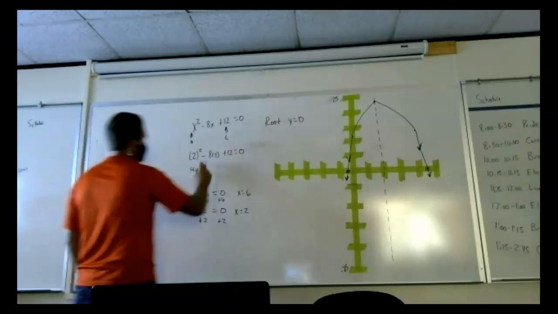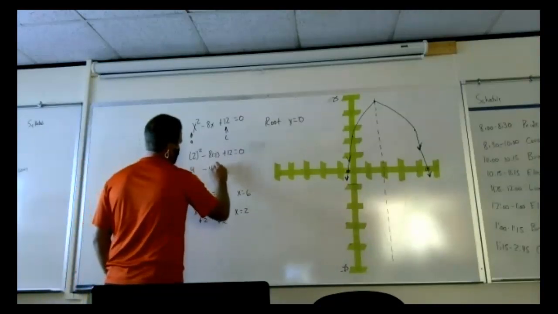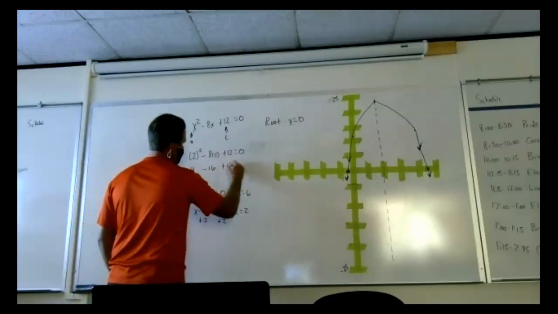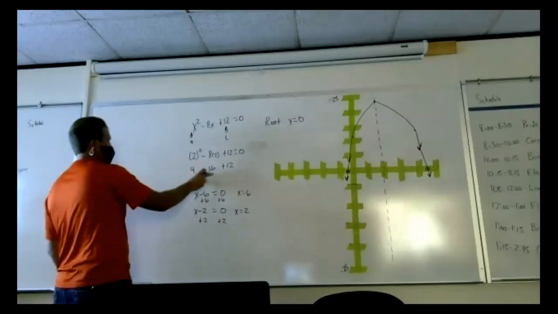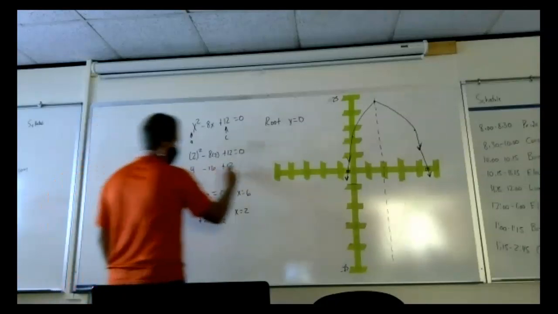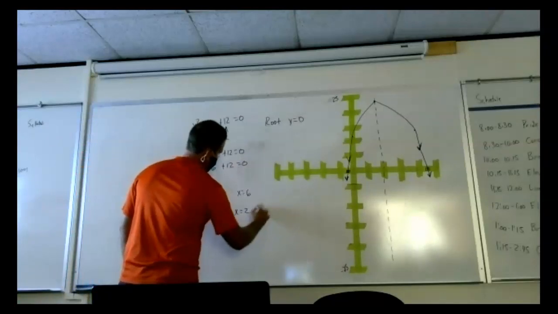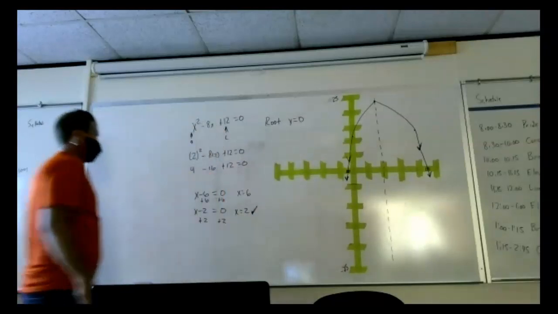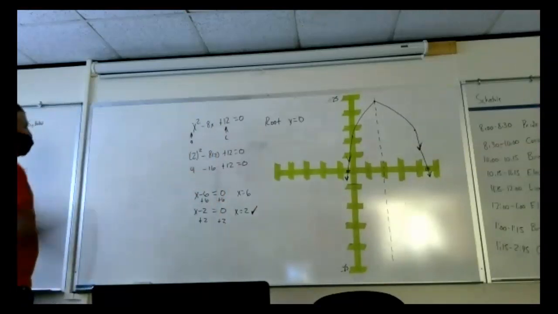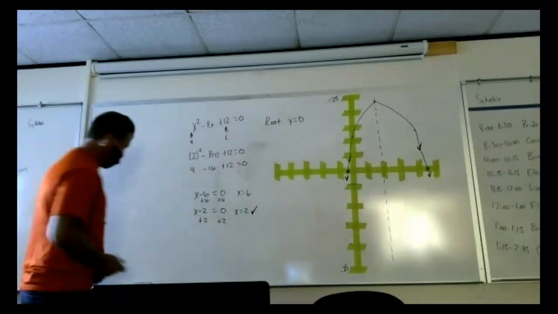A negative 8 times 2 is a negative 16. Plus 12 stays there. So 4 minus 16 is negative 12, plus 12 is equal to 0. So x minus 2 is in fact a root because when I plug it into the original equation, I get a y value of 0.